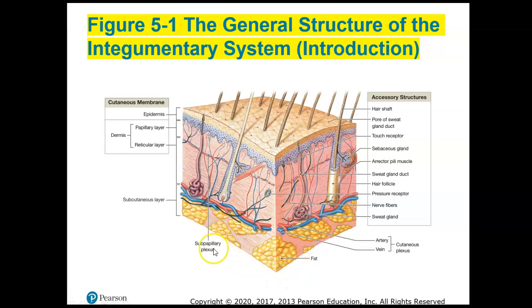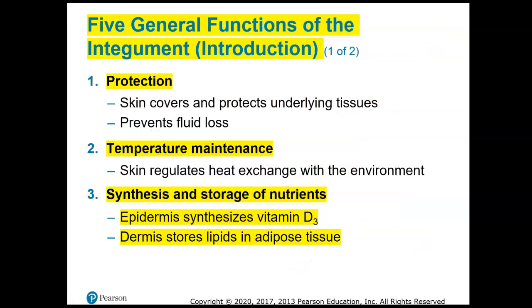And also I want to point out some areas where blood vessels are concentrated. The subpapillary plexus is here, and it is basically a layer of blood vessels that are found between the papillary and reticular layer of the dermis. And then you have the cutaneous plexus, which is found here between the dermis and the hypodermis.